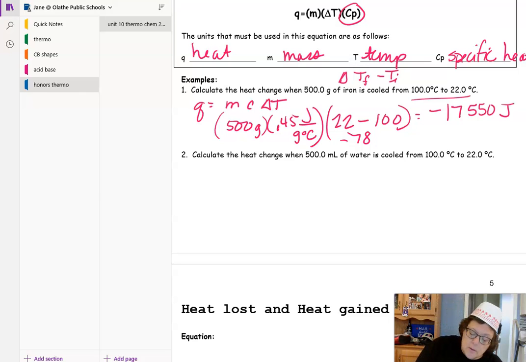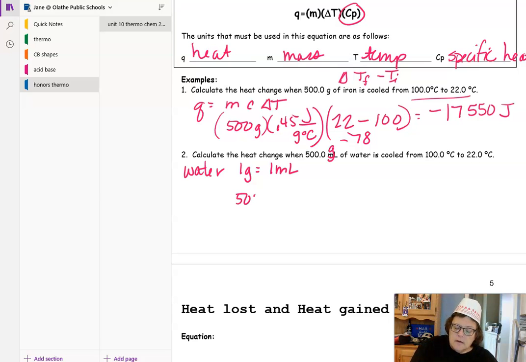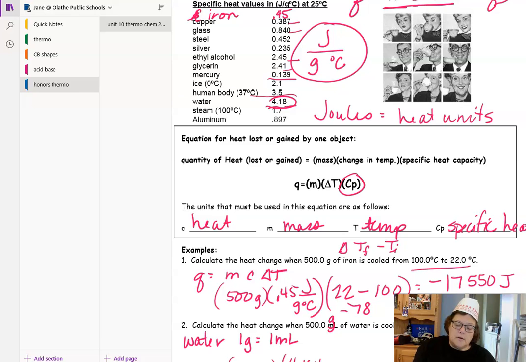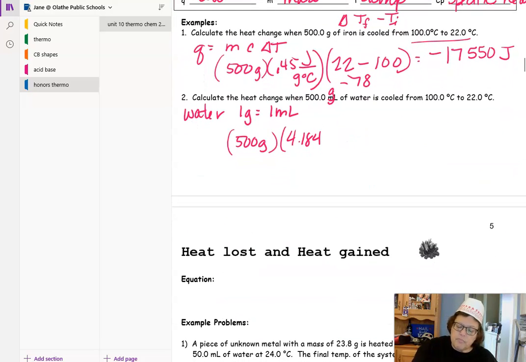Calculate the heat change when you have 500 milliliters of water. For this, we have to remember that when you have water, 1 gram of water will take up 1 milliliter. So 500 milliliters means 500 grams. 500 grams of water. Our specific heat of water is 4.184. That is up here in our equation. And our temperature change here is going from 100 to 22.